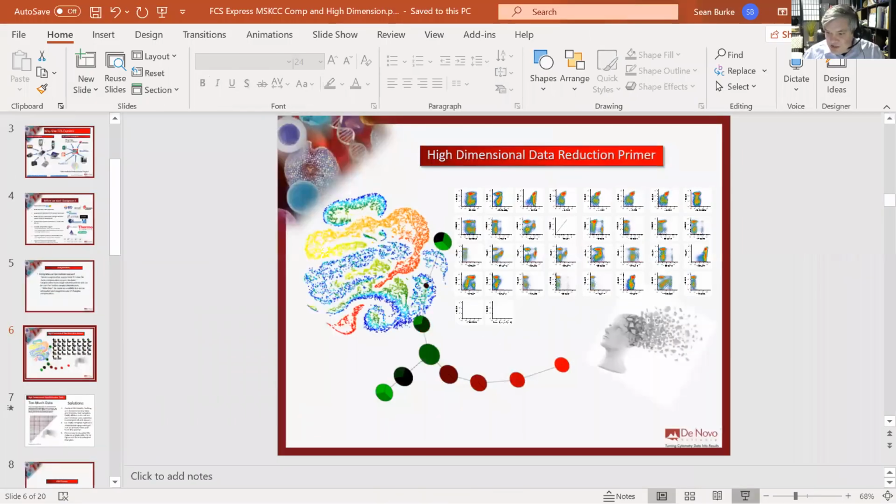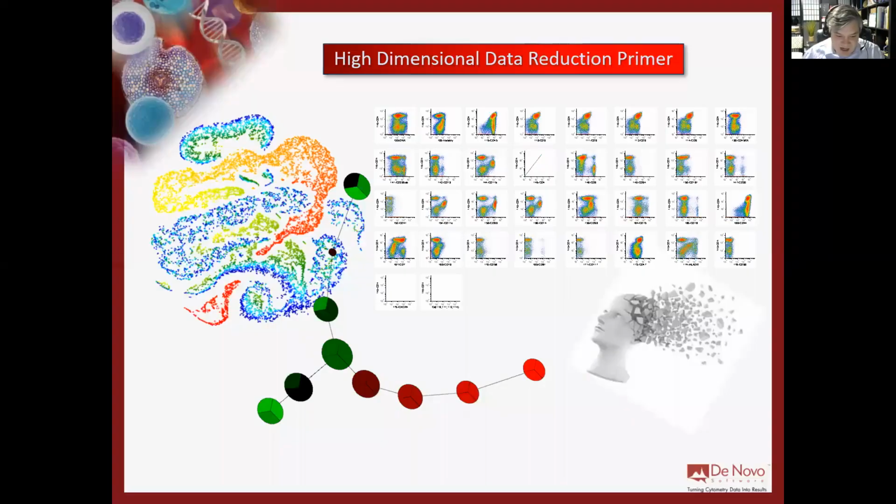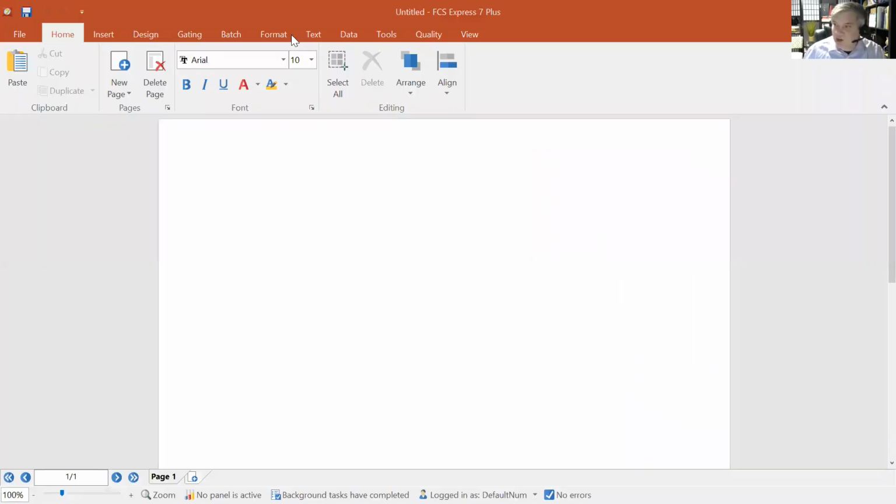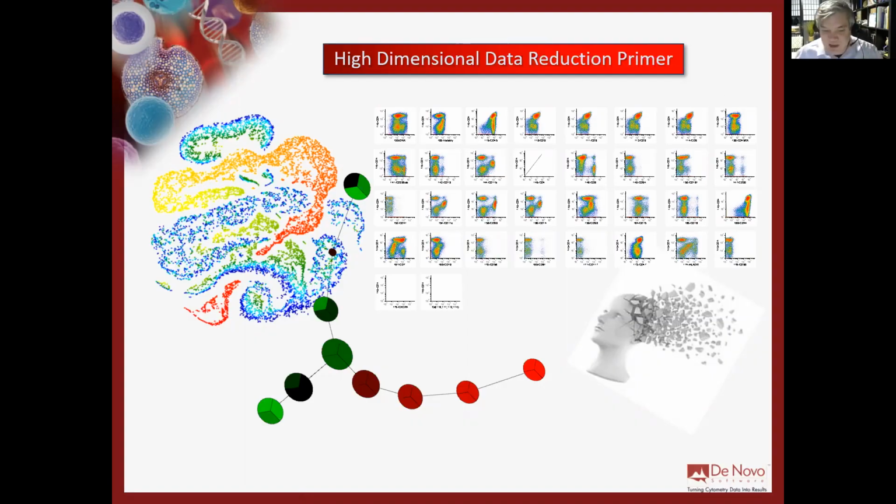So what I want to do today for high dimensional data reduction is, again, give folks a little bit of a primer, right? One of the things that I find is that people go into high dimensional data reduction not really understanding what it is they need to do. How do they interpret t-SNE plots? How do they interpret clusters?